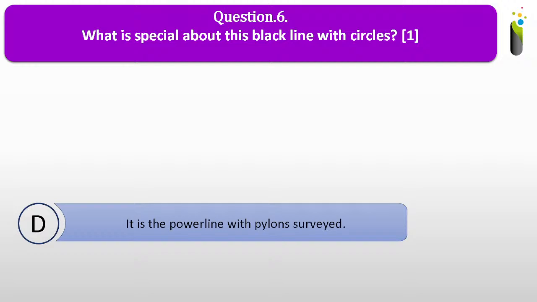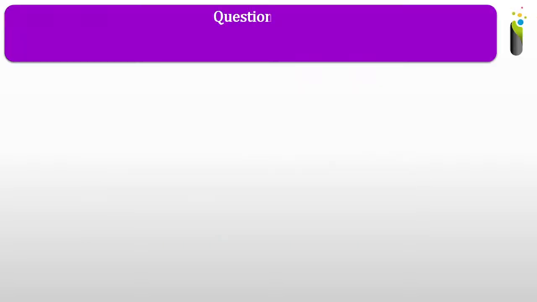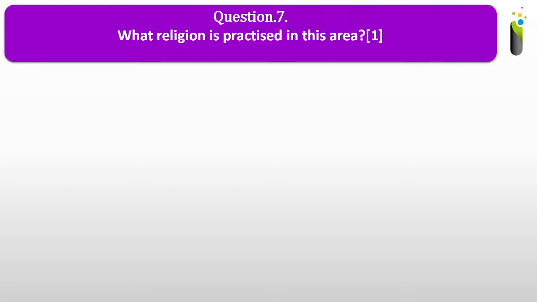Okay, coming to the next, look on the screen again. This was the question we had done in the earlier video also, and there was some problem with the net, so we had to go offline. The question is, what religion is practiced in this area?